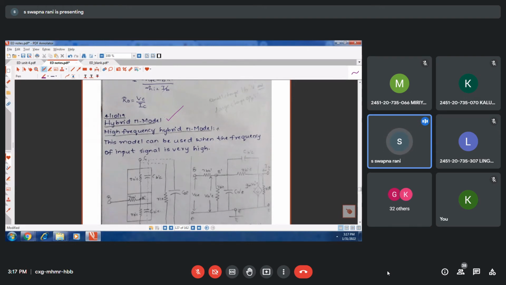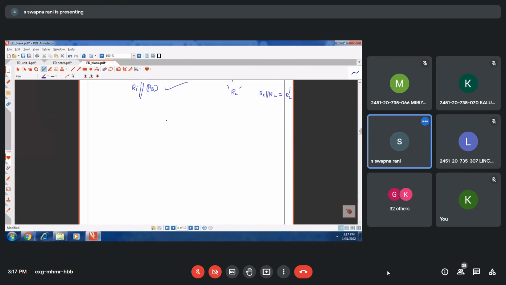Another model is there for the BJT, that is the hybrid pi model, because there is a limitation on the H parameter model. What is that limitation? The H parameter model is used up to audio frequency only.